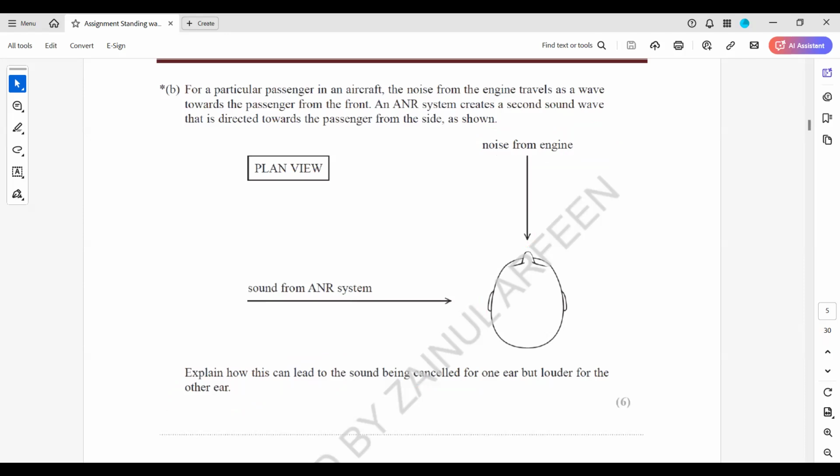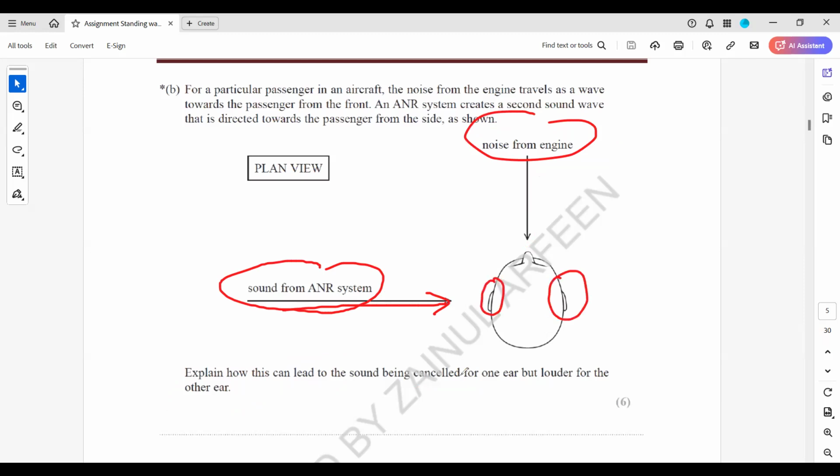This is the sound from the ANR system, the system which is producing a sound to cancel out the noise from the engine. So how might one ear hear a louder sound, and the other ear cancel out? What could be the reason for that?